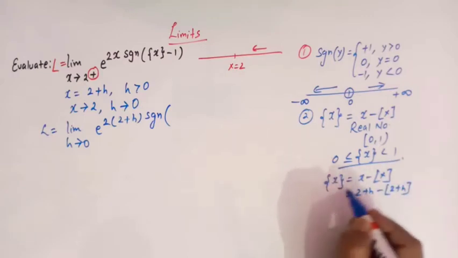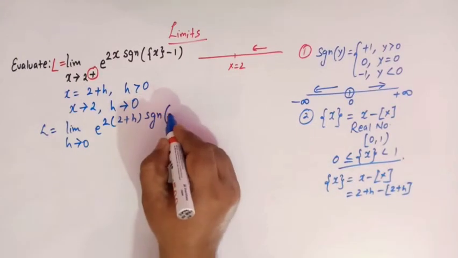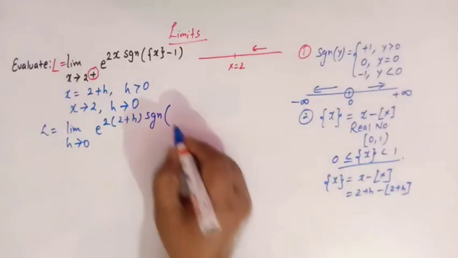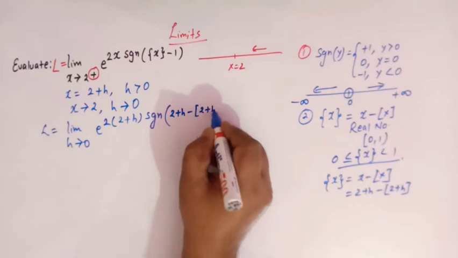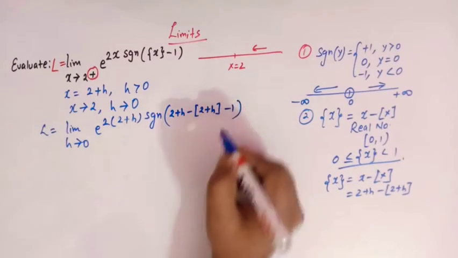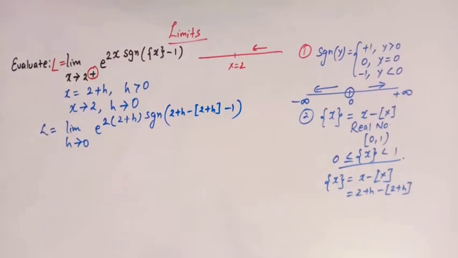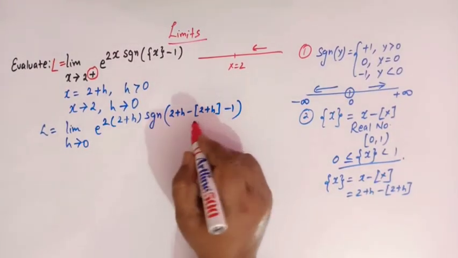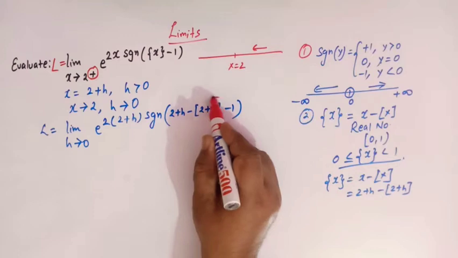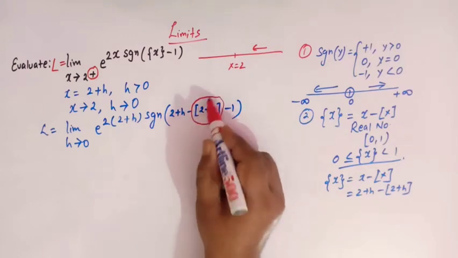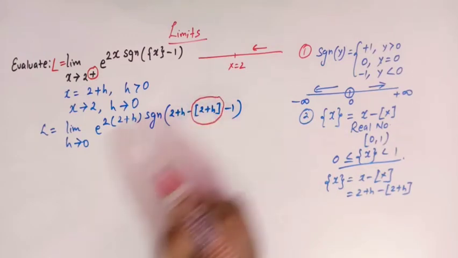So this fractional part of x can be replaced by this term. So we have 2 plus h minus greatest integer of 2 plus h and minus 1, right? So now we'll try to assign a value to this term, that is greatest integer of 2 plus h.